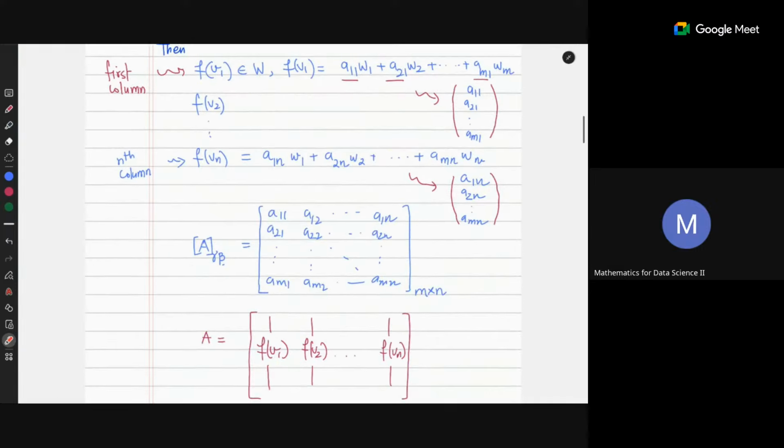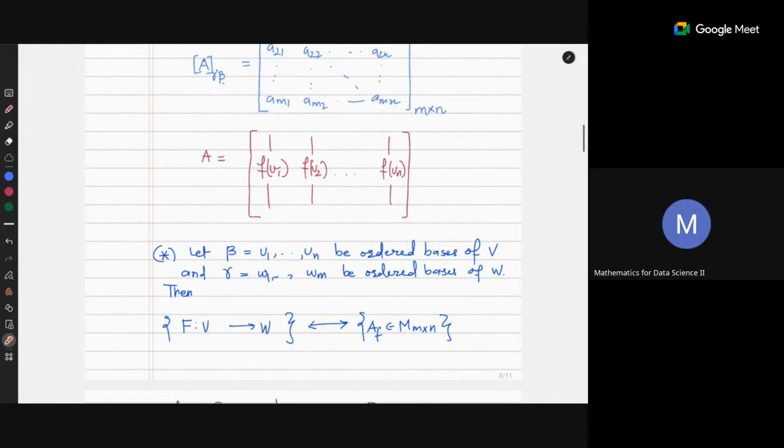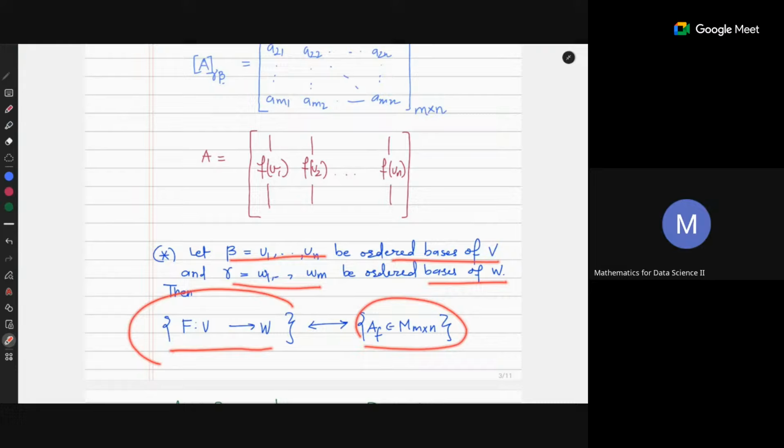So in other words, as long as you know the ordered basis of the domain and the ordered basis of the codomain, you can associate a matrix to a linear transformation. So working with a linear transformation is equivalent to working with a matrix, but a matrix with respect to some ordered basis of domain and ordered basis of codomain.